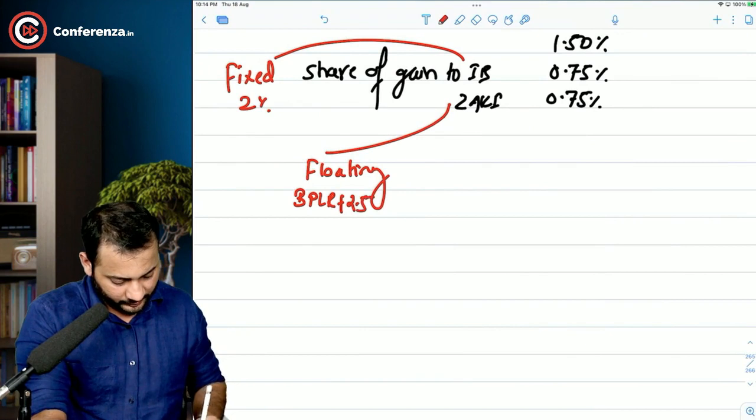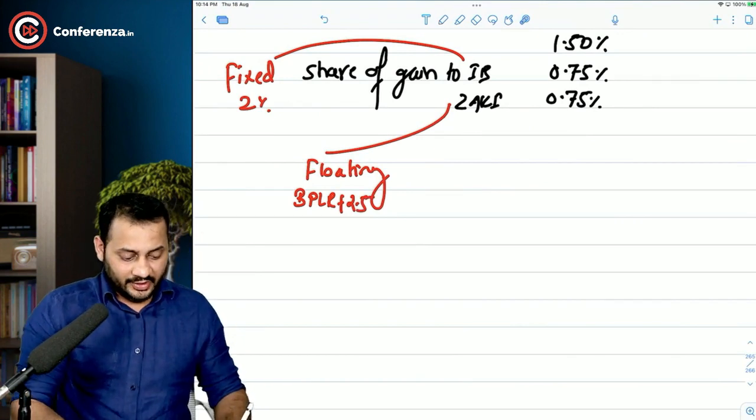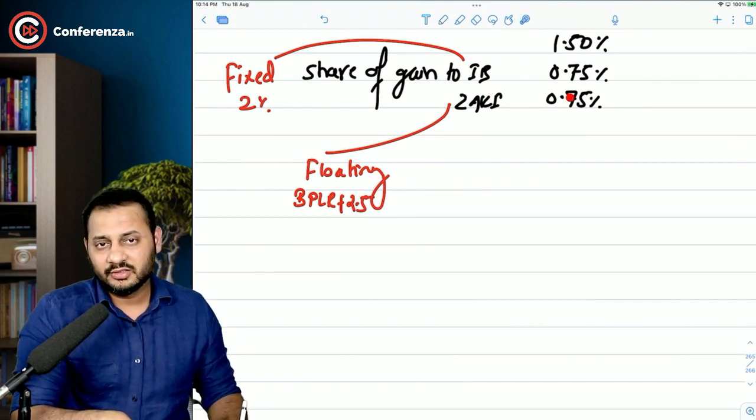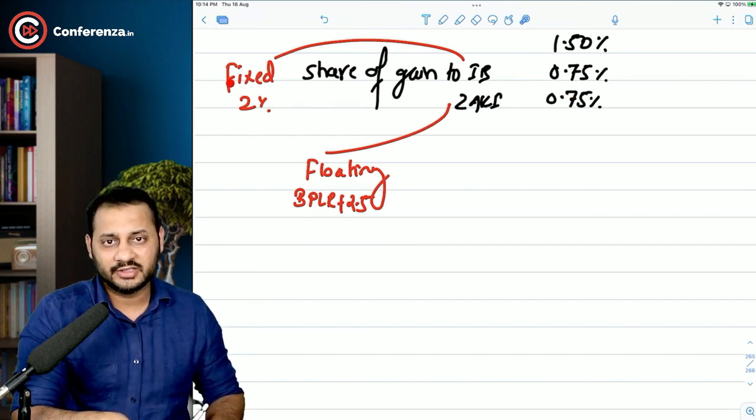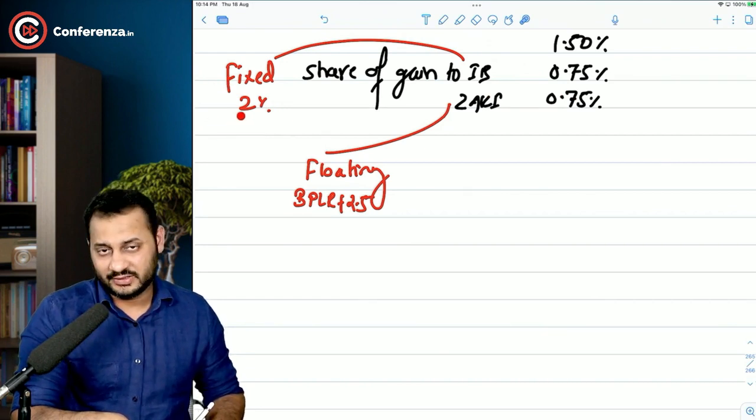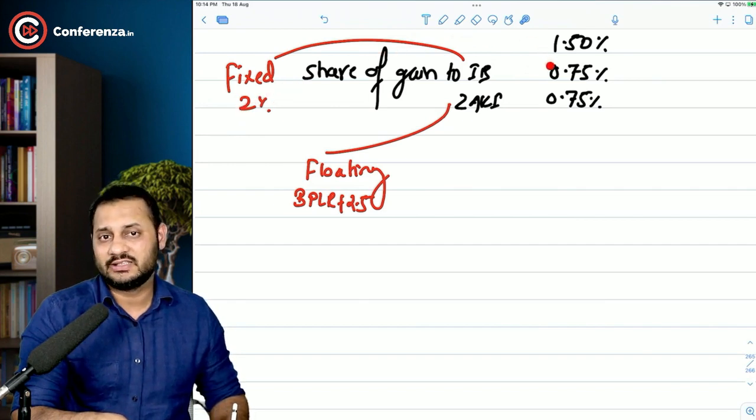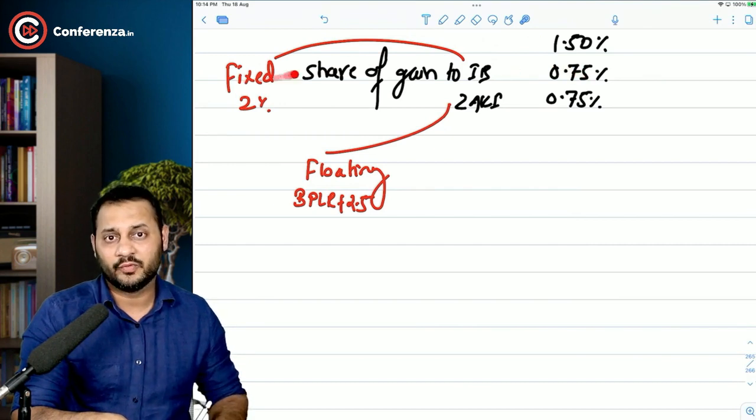plus 2.5%. Now, entering into a swap transaction is only profitable if IB can borrow a fixed rate loan, end up with a fixed rate loan at a lesser rate than 2%, and it will be 2% minus 0.75, because this will be the gain to IB in fixed rate borrowing under swap.